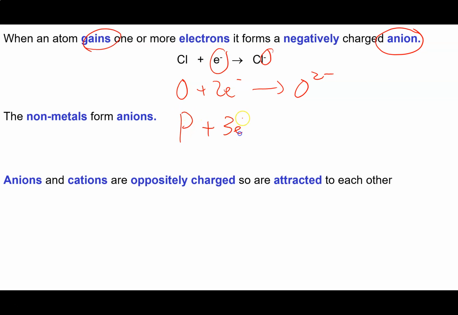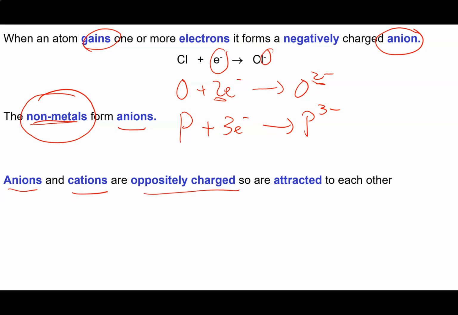Phosphorus likes to gain 3 electrons and acquire a 3- charge. So the important thing to recognize is that for every electron gained, the atom acquires one negative charge. And what atoms form anions? Well, nonmetals form anions.